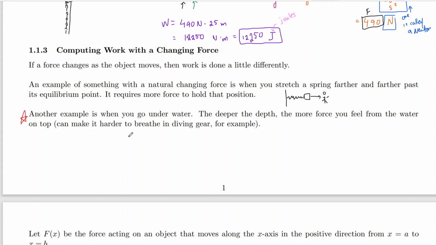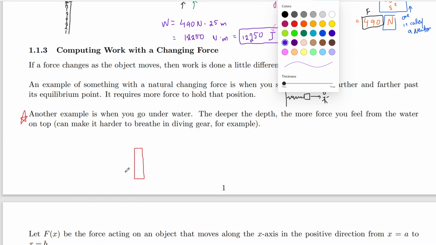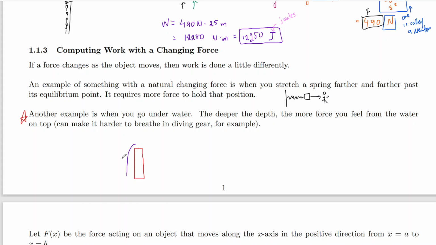So if you have something hanging off the side of a building, however many feet tall, and you want to pull it up, maybe a really, really heavy rope. The longer it is hanging off the building, the more weight there is because there's just more rope. As you pull it up, you'll probably get tired, but in theory, if you did not get tired, it would be easier and easier as you go because you'd have less and less rope to pull up.